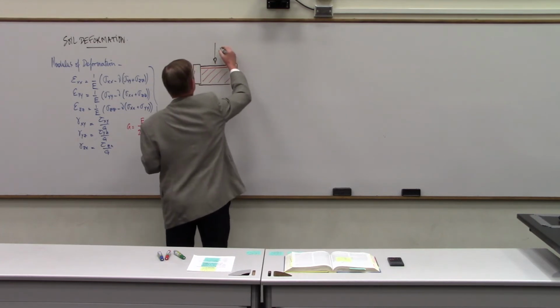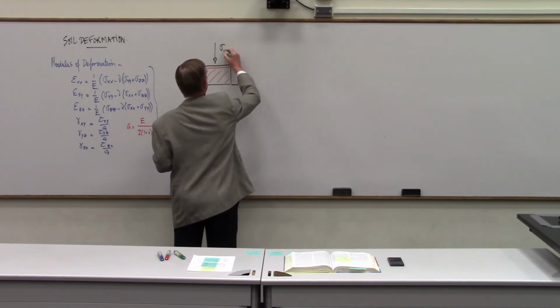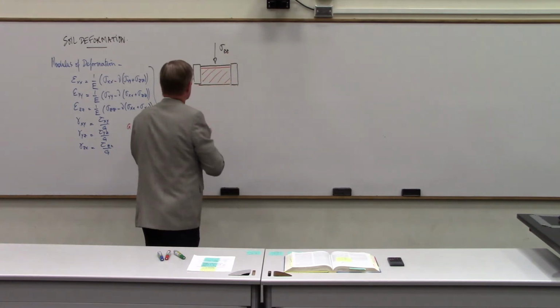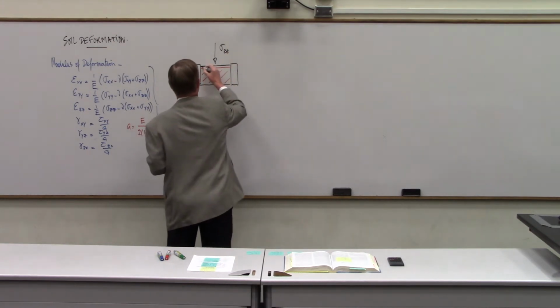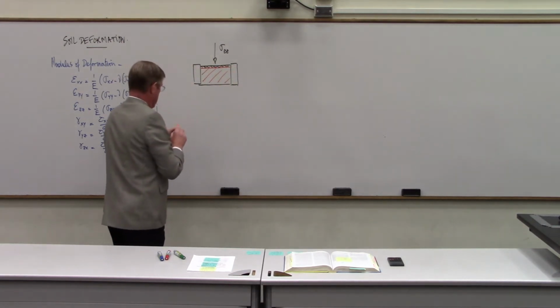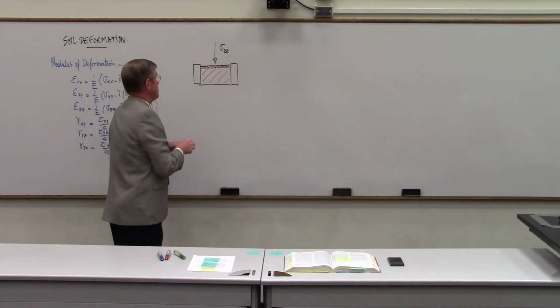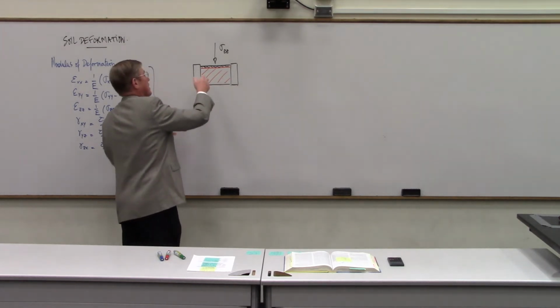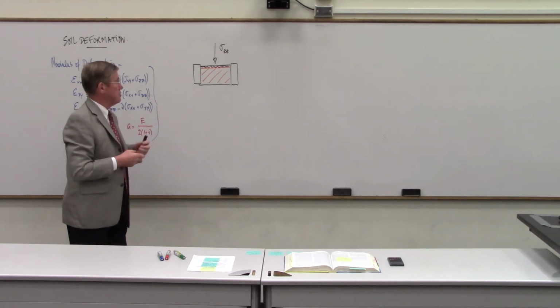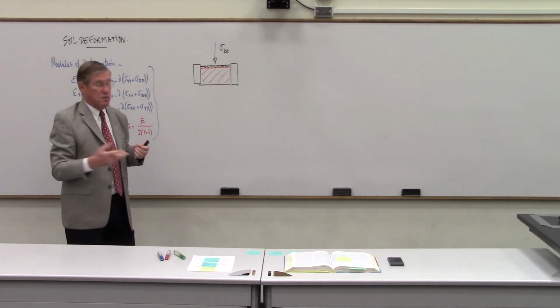Okay? So this is going to be sigma z. And under this load, that's the steel platen. Under this load, the material is going to be squeezed because we allow water to drain out. Okay, this is called the consolidation test. All right?